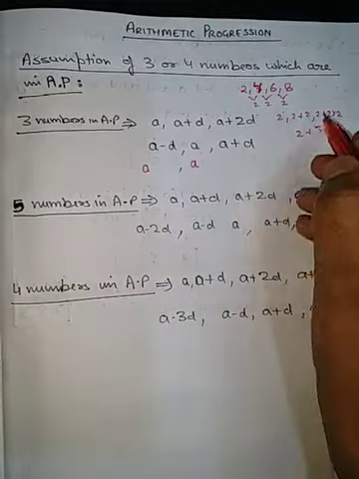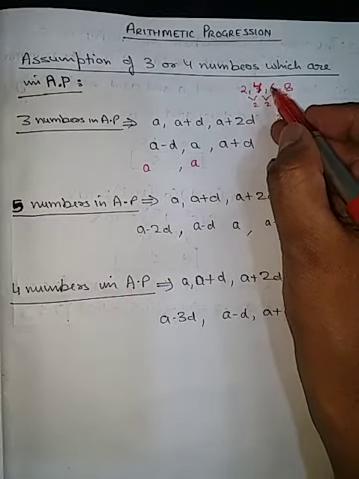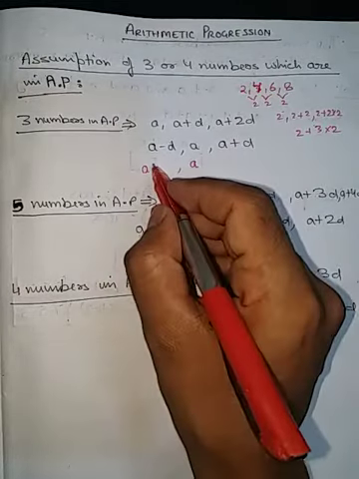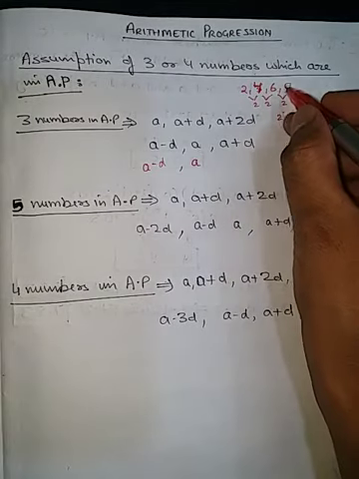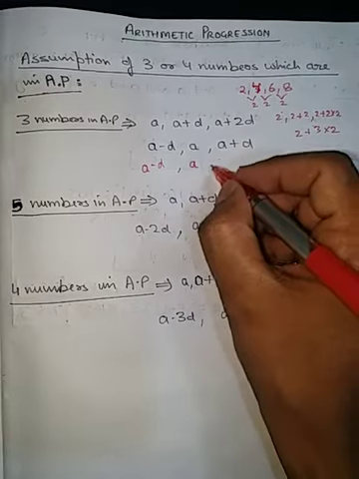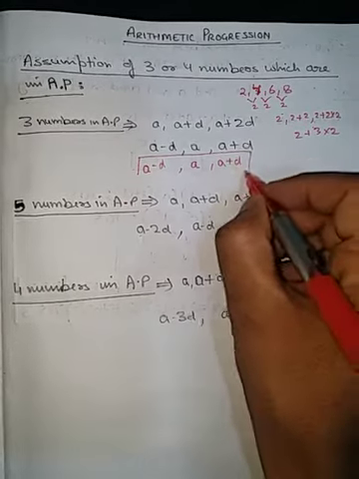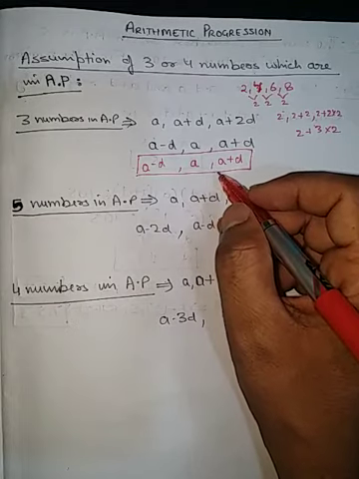If we have 6, how to get 4? We subtract from 6 the common difference 2. 6 minus 2 is 4. So we are subtracting the common difference. Same way, if we want to get 8, add the common difference. So this way we assume the three numbers in AP series.